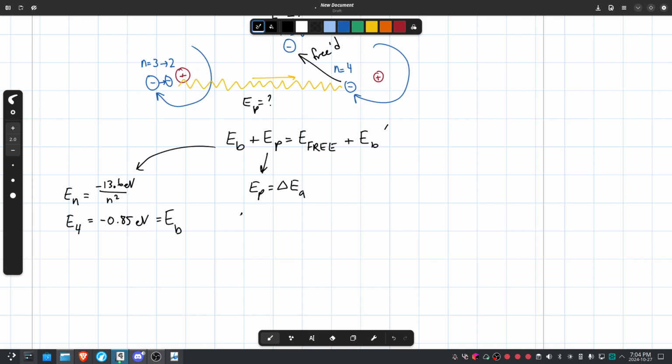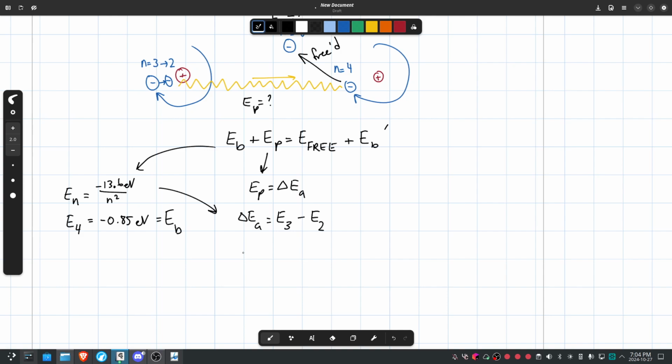So what is the change of A's electron? Well, it starts in energy level 3, and it ends up in energy level 2. We can use this formula again.